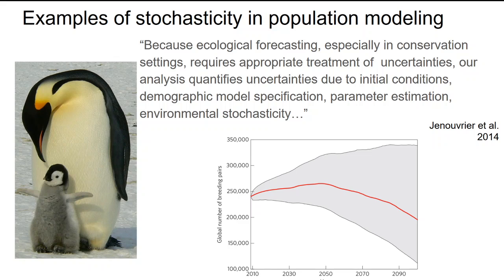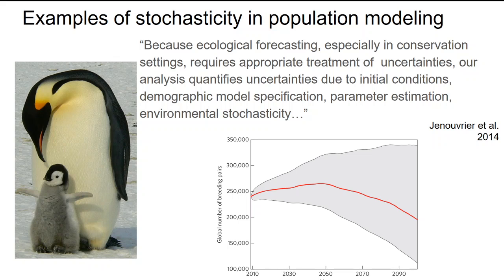When we look at the applications of stochasticity, one of the classic ones is to think about populations that might be endangered. So in a model by Genevrier from 2014, they looked at emperor penguins and looked at some of the variation that might affect the survival of those birds.